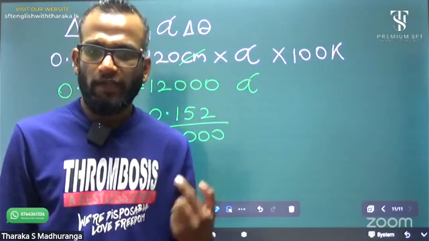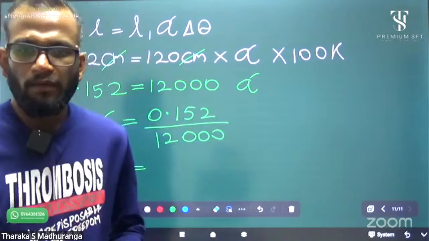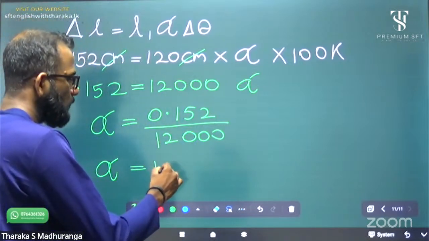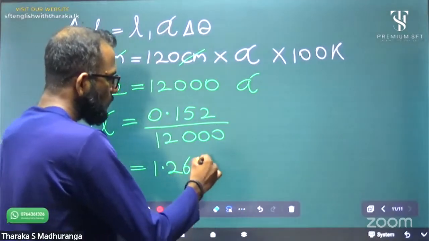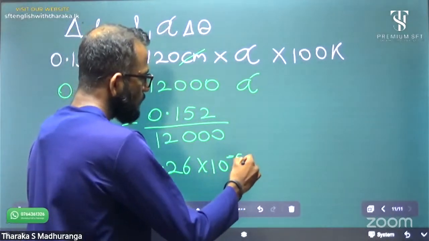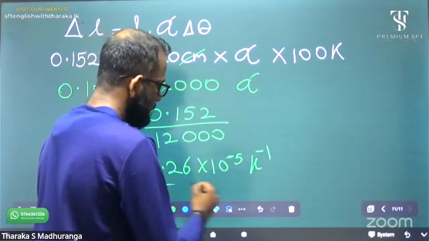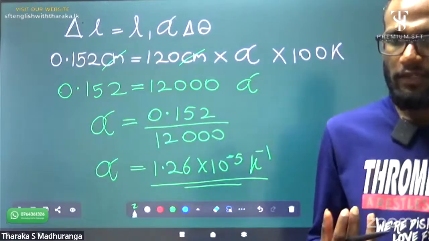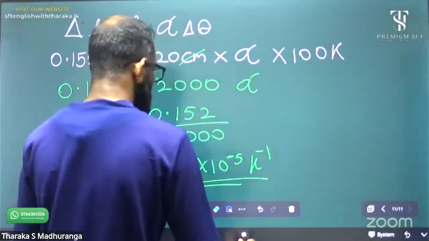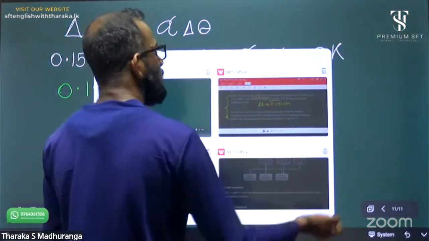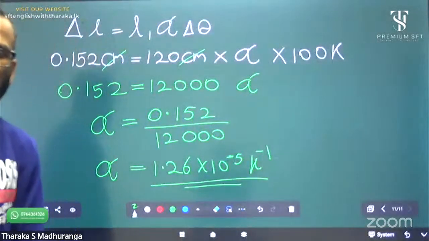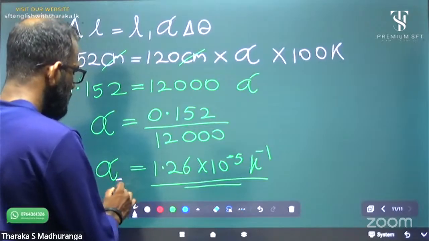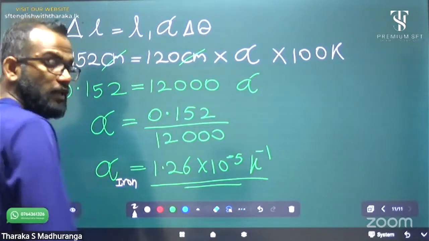Give it as a power value. Yeah, 1.26 into 10 to the power minus 5 per Kelvin. This is the linear expansion coefficient of which metal? Iron rod. Linear expansion of iron.